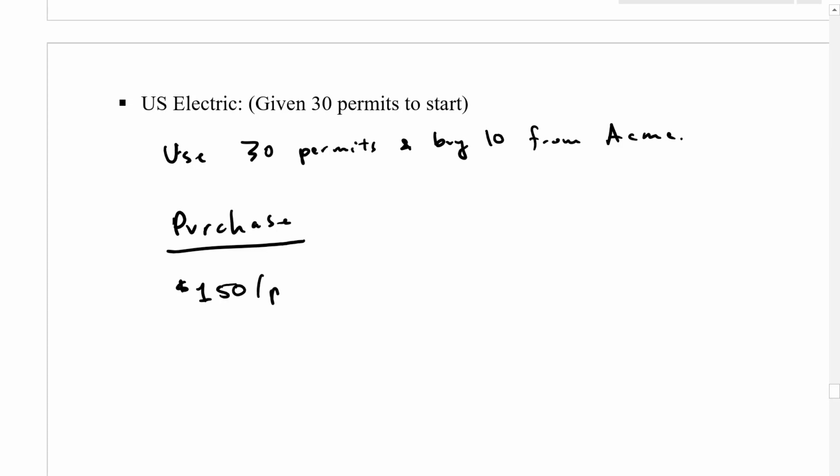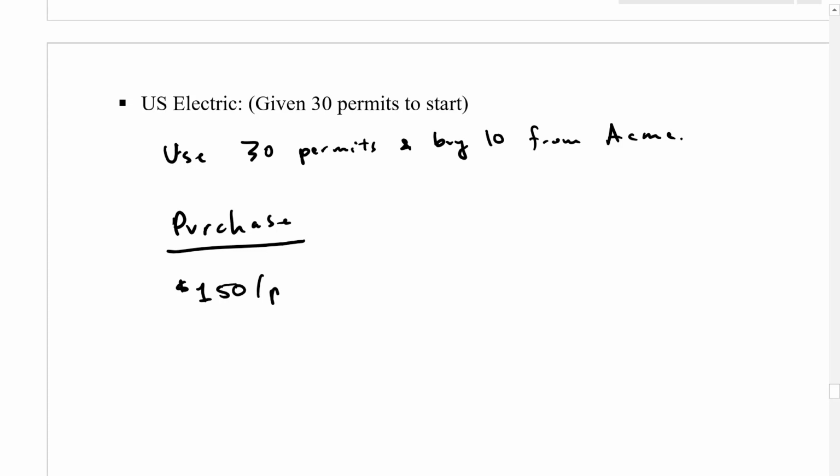Abatement is 0 because they have 40 permits. And so their net cost is $1,500.